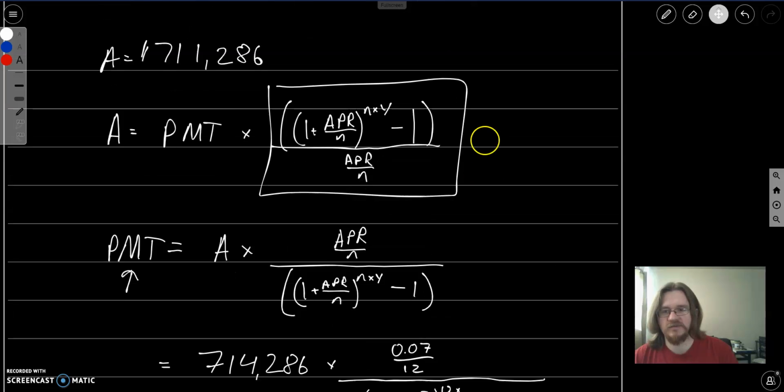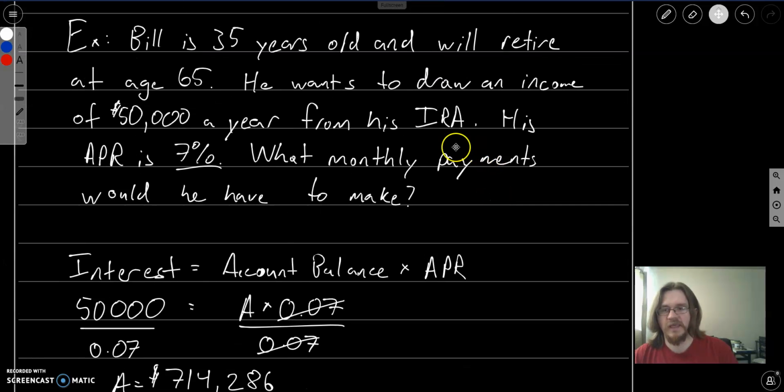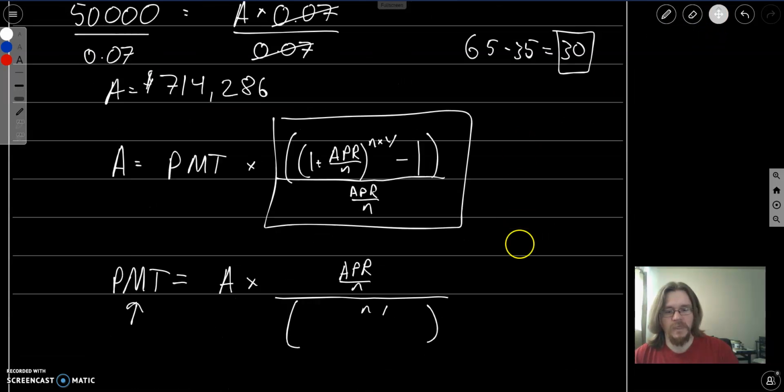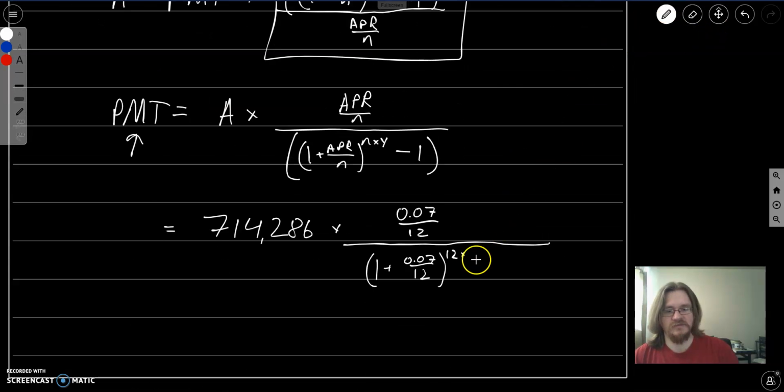Oh, we didn't actually find how many years we were investing, did we? He's 35 years old now, and he's going to retire at age 65. Well, 65 minus 35, that would mean 30 years he's going to be investing money. So 12 times 30, and all of this minus 1 on the bottom.